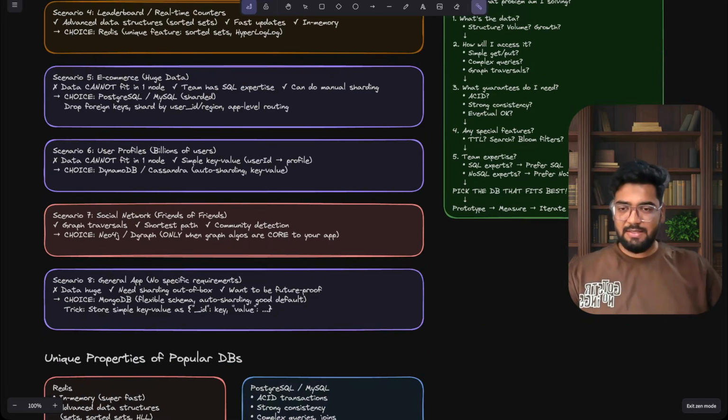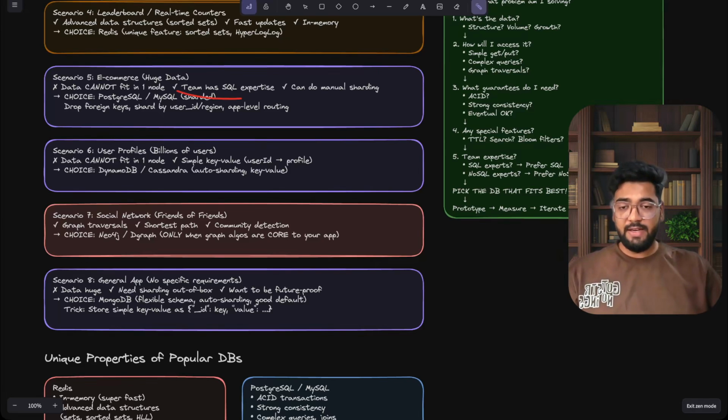Now, fifth, let's understand how the e-commerce business is going to work. In this case, we'll have tons of data and we cannot store it in one node. We can have, let's say, sharding as well.